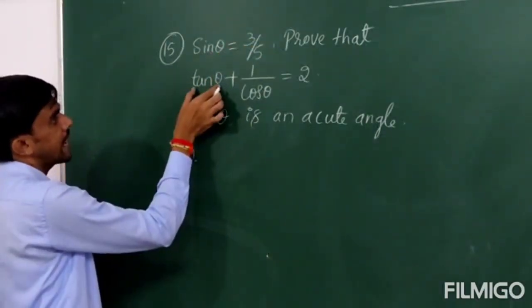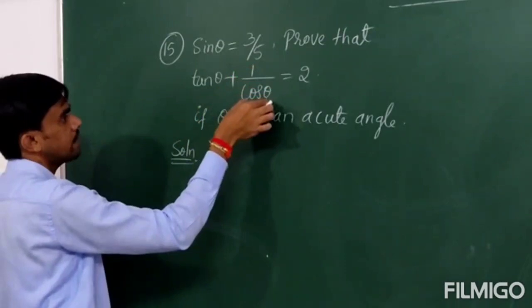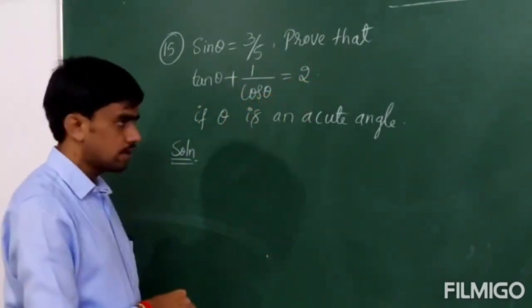We have to prove that tan theta plus 1 by cos theta is equal to 2, if theta is an acute angle. So given that sin theta is equal to 3 by 5, we have to prove that tan theta plus 1 by cos theta is equal to 2.